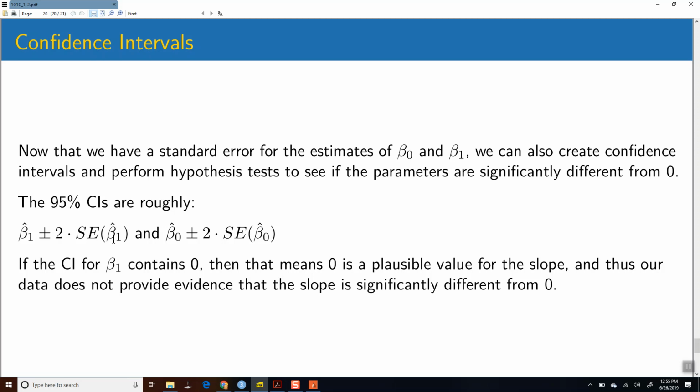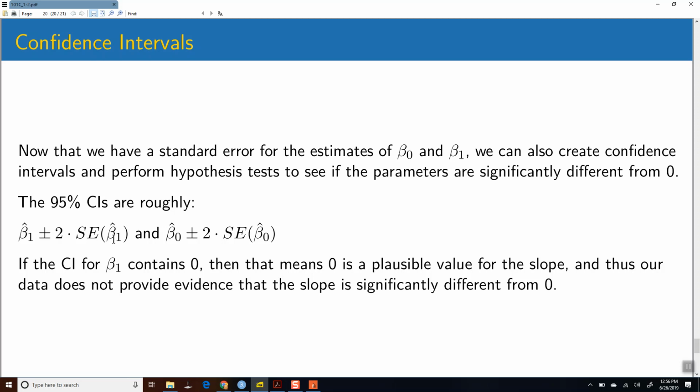And as we know, if the confidence interval includes 0, what does that mean? If the confidence interval for the slope includes 0, that means, yeah, you don't reject the null. Well, I mean, technically you're not doing a hypothesis test. Okay, so if the confidence interval includes 0, it means 0 is a plausible value for the slope, meaning that the slope that you observe in your data is not necessarily different from 0.